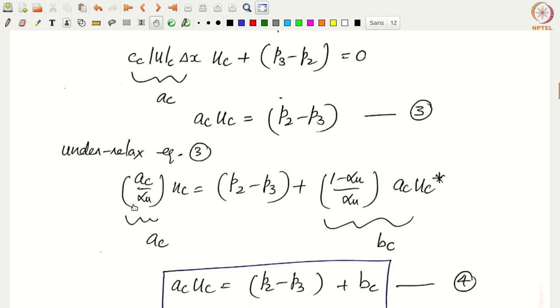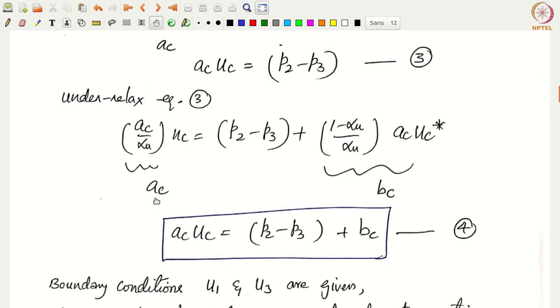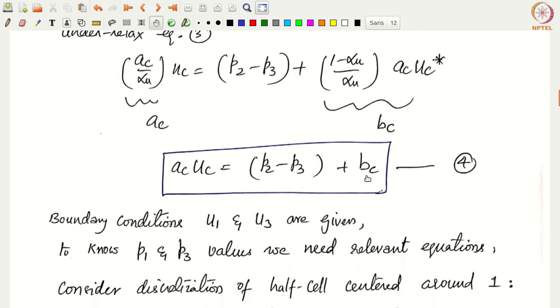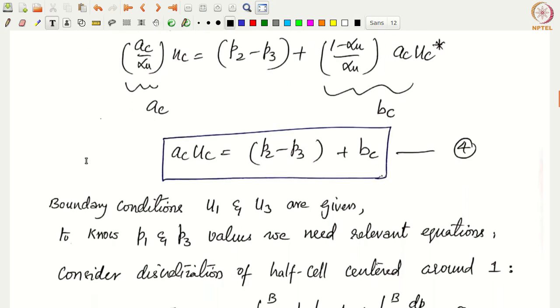On the left hand side, if you denote A_C by alpha_u again as A_C, then we can write this as A_C u_C equals P2 minus P3 plus B_C. This is the discrete momentum equation, also underrelaxed, for cell C. So we have equations 2 and 4 for cell B and cell C.